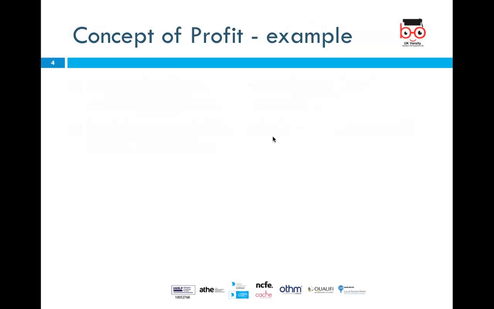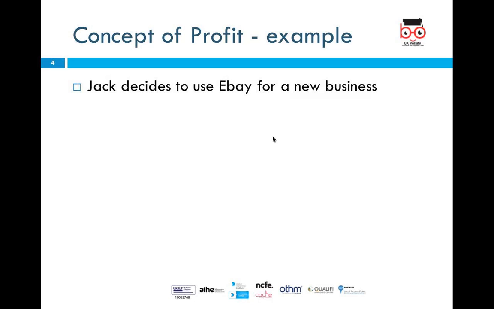So when we do a business, basically we are looking for profit and how the profit is calculated, because there is a cost and there is a revenue. So how do we make a profit? Let's see a very basic and simple exercise.